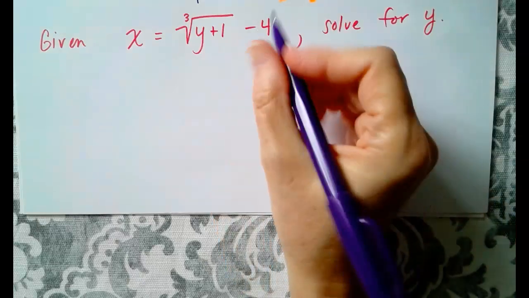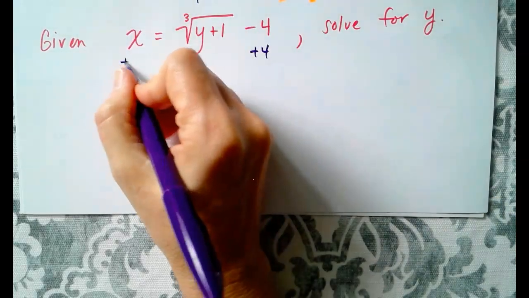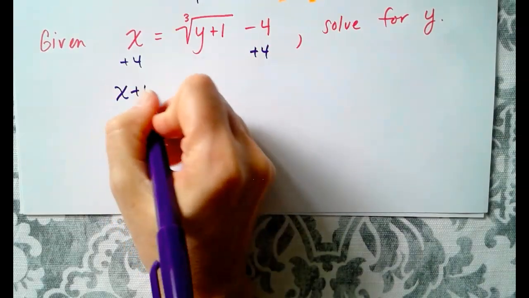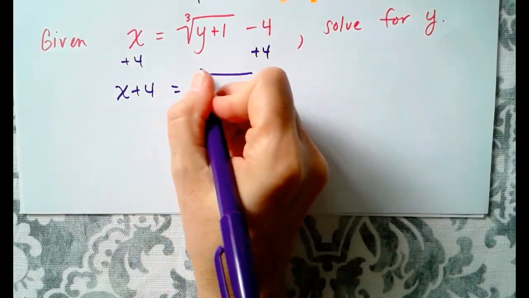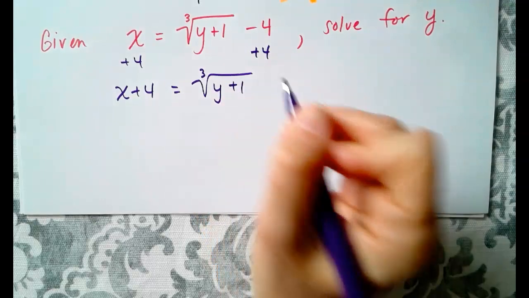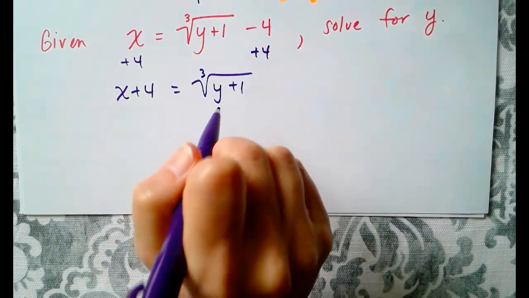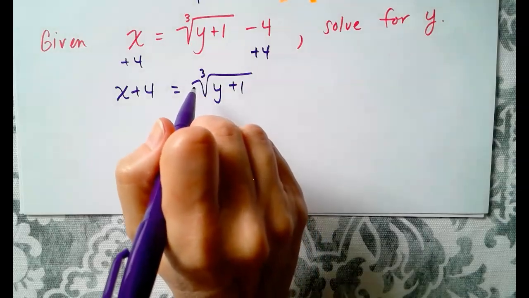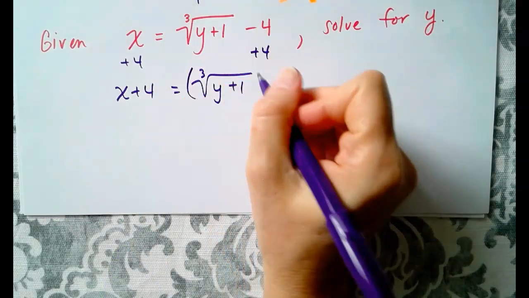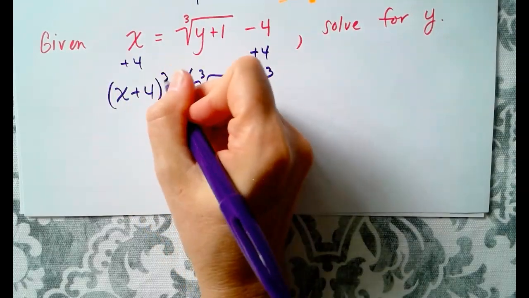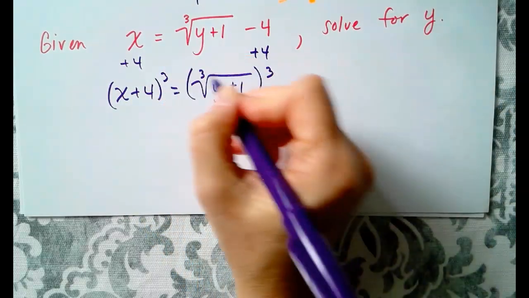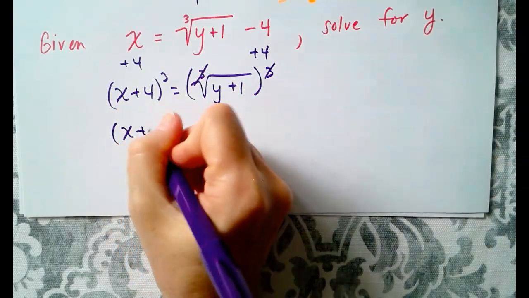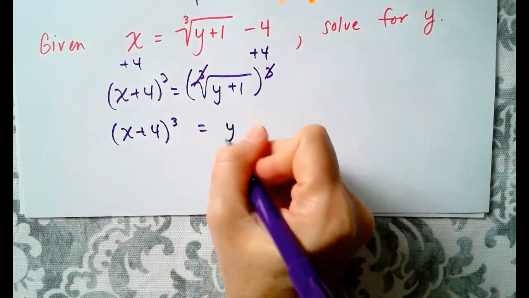So we're going to undo the 4 first. It's outside the parentheses or grouping symbol. So x plus 4 equals the cube root of y plus 1. Now, in order for us to get inside of those grouping symbols, we need to undo the cube root. To undo a cube root, we will cube both sides. So the cube and the cube root are inverse operations. So that leaves us with y plus 1.